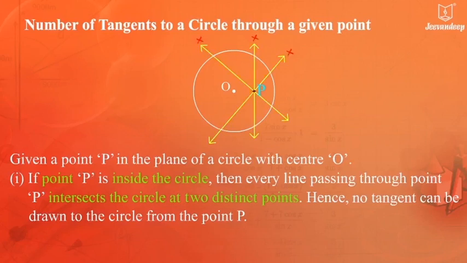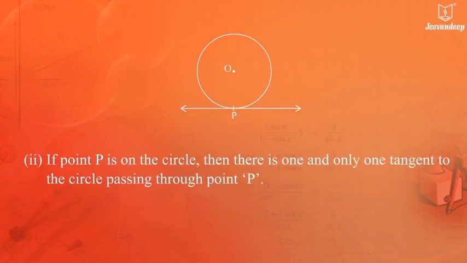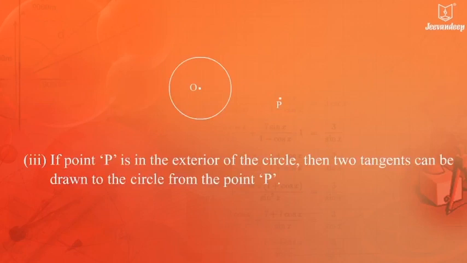Hence, no tangent can be drawn to the circle from the point P. 2. If point P is on the circle, then there is one and only one tangent to the circle passing through point P. 3. If point P is in the exterior of the circle, then two tangents can be drawn to the circle from the point P.